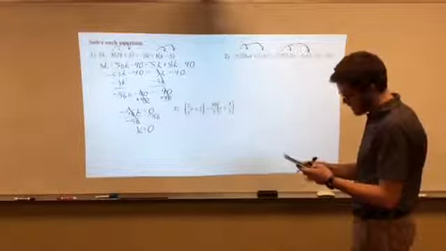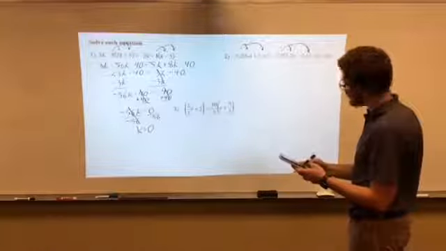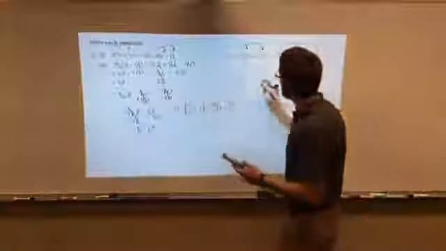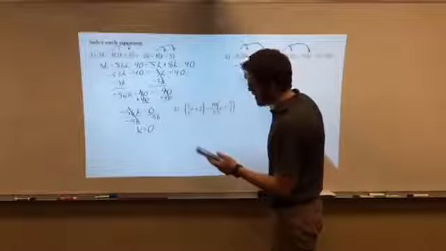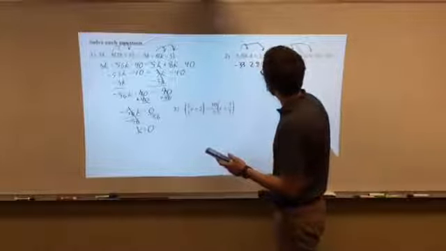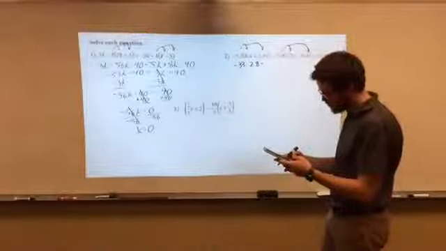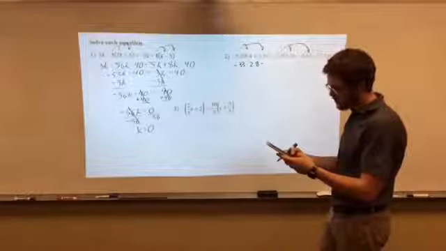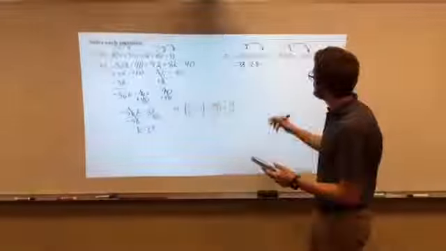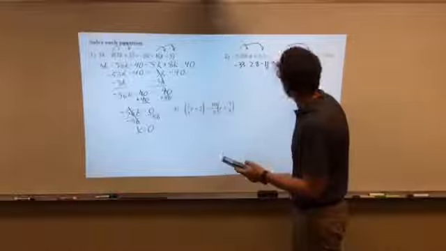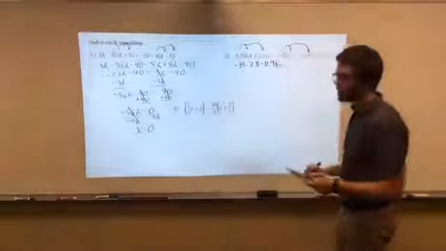So we've got negative 5.2 times 6.4. Negative times a positive gives us a negative 33.28. Negative 5.2 times a positive 2.3 gives us a negative 11.96x.